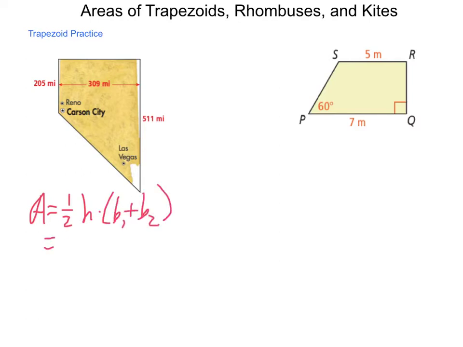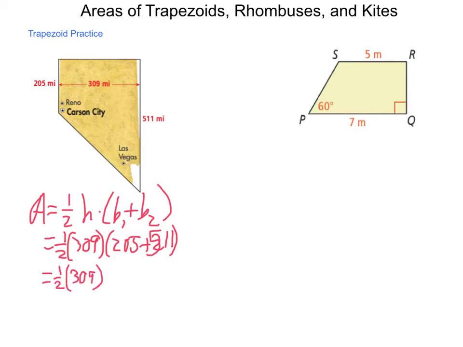So substituting in values, we have 1/2 of 309 times 205 plus 511. Remember, the bases are the sides that are parallel to each other. So we have 1/2 of 309 times the sum of these bases, which is 716.